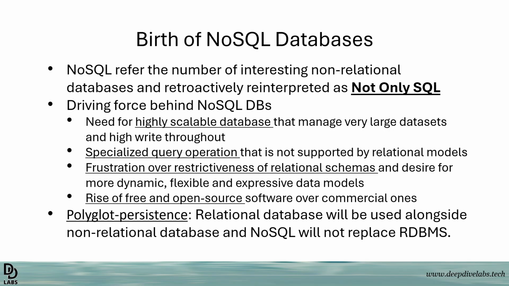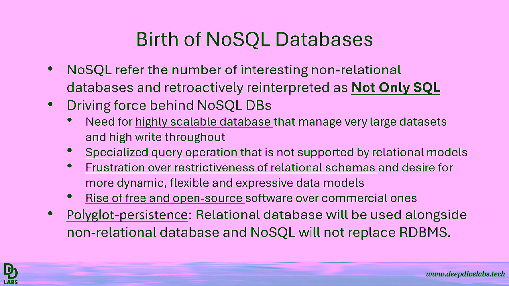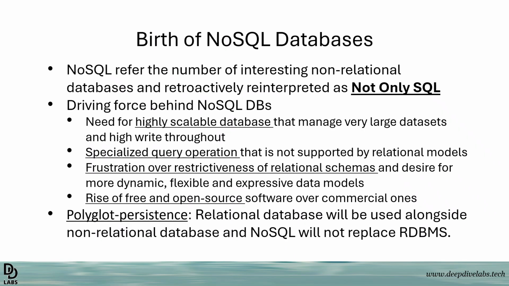So NoSQL databases were not developed as a replacement for RDBMS, but they help us have flexible data models for specific applications and to be used concurrently with relational databases, right? This is a point that is important to remember as we go through understanding NoSQL databases.